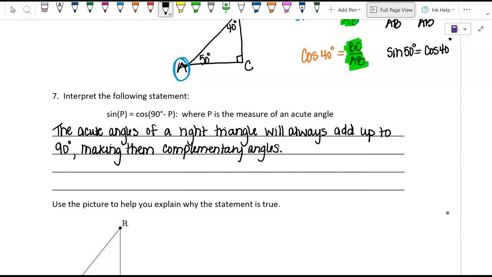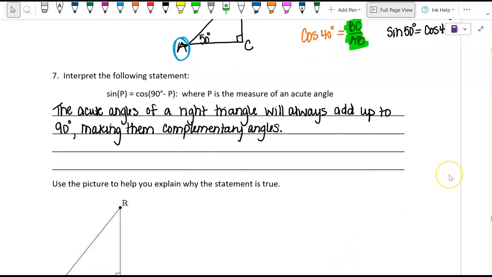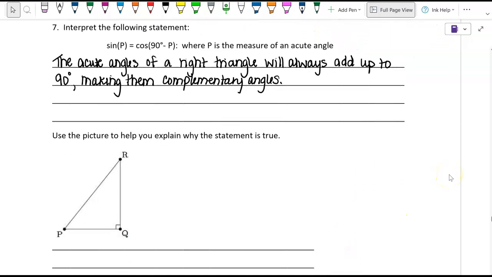And this is actually a theorem that the acute angles of a right triangle are complementary. And it goes back to something we know. What do we know about all the angles in any triangle? They add up to 180.